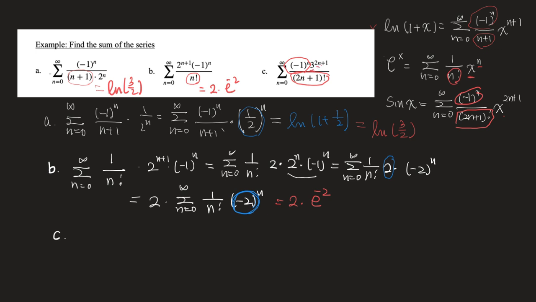Power is 2n plus 1. That's very straightforward. 3^(2n+1). So this one represents sine. X is going to be replaced by the 3. The sum of this series is going to be sine 3.